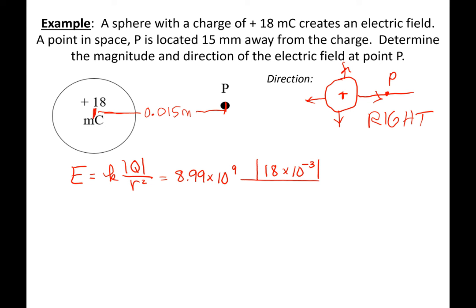And then dividing by our 0.015 quantity squared.